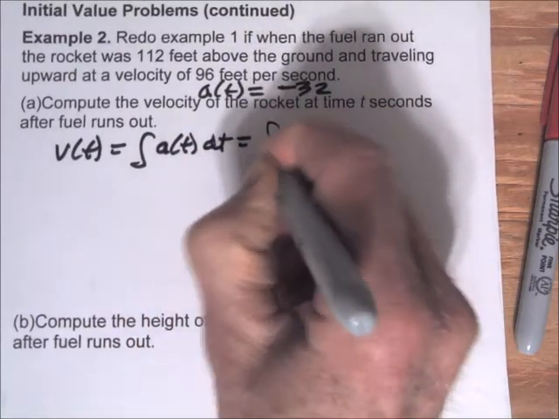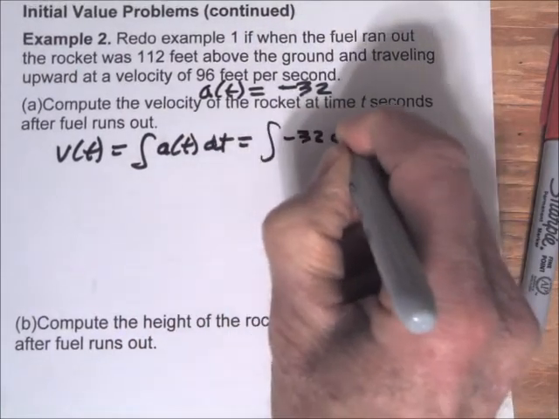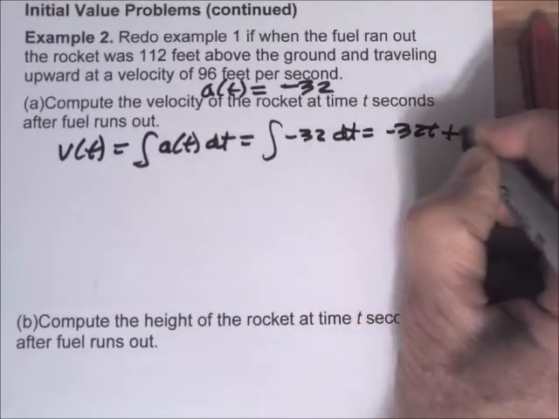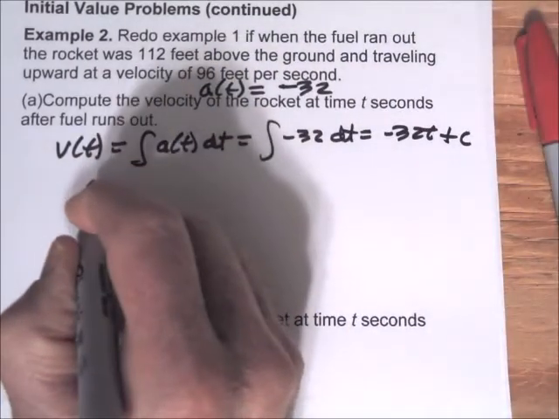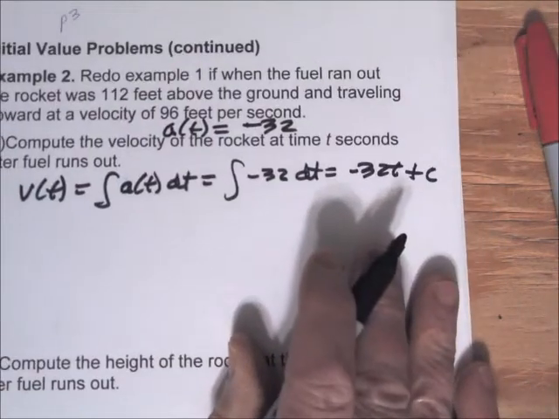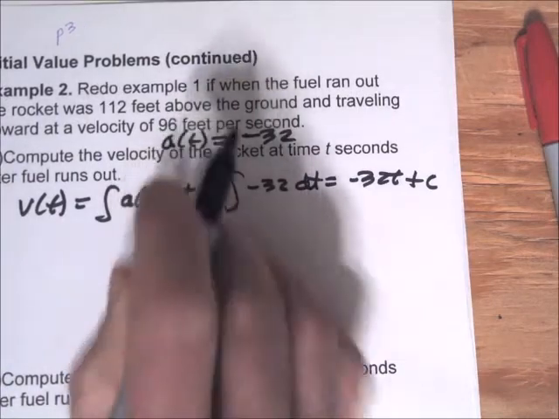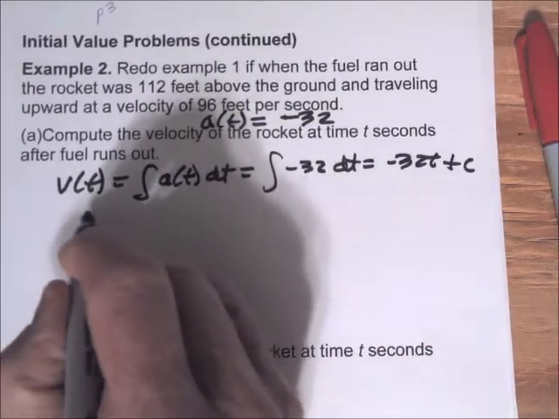So it's going to be the antiderivative of negative 32 dt, negative 32t plus a constant. And then we want to use the initial condition. We initially had an upward velocity of 96 feet per second.